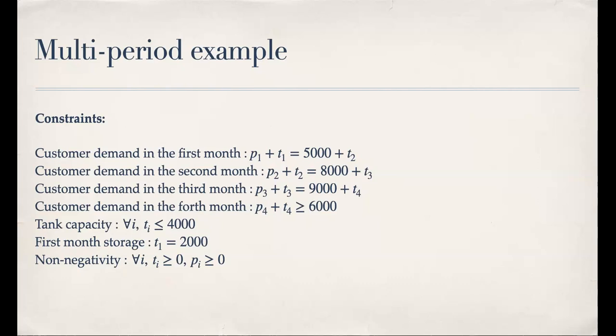And the last one, the fourth month: P4 plus T4. The summation of P4 and T4 equals 6,000.